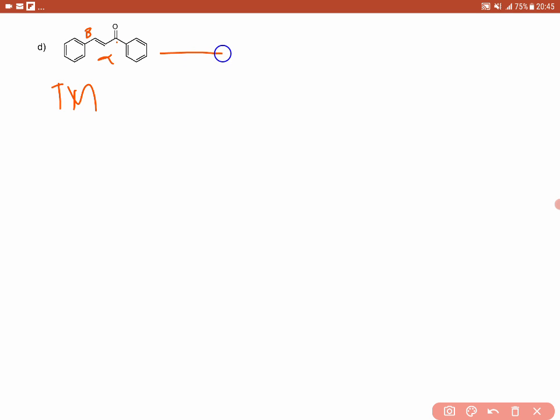So we do a retrosynthetic analysis so that we identify the starting materials, and the first thing we are going to do is a functional group interconversion.